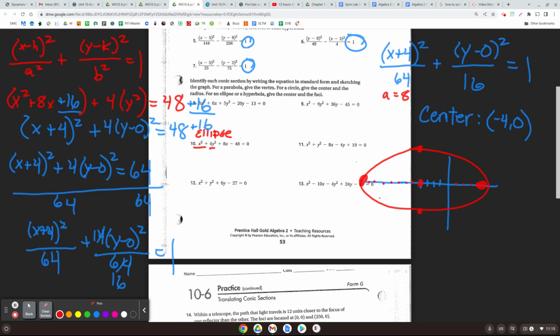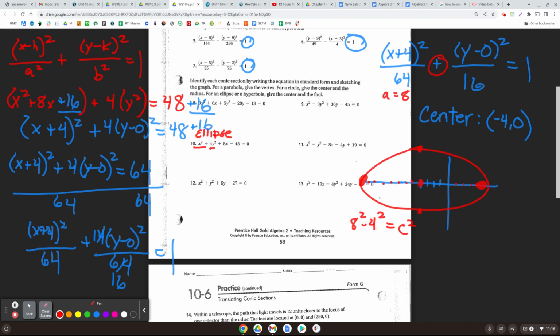Okay. To find our foci, well, that's going to be 8 squared minus 4 squared equals c squared. The way I remember that is, since we're adding to get an ellipse, we subtract to get to c.